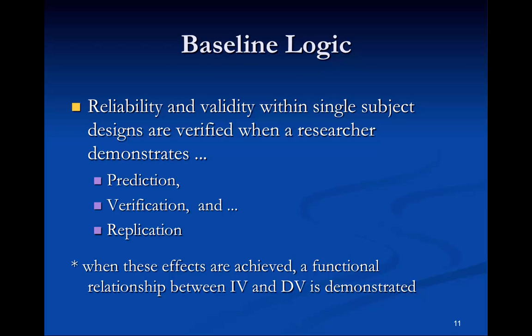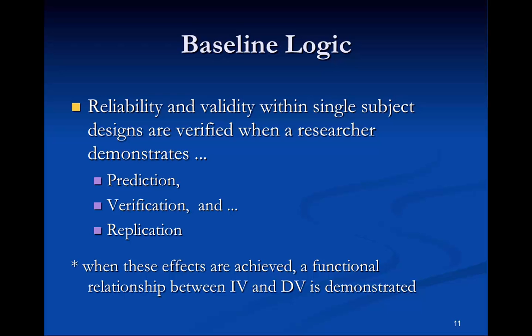So let's talk a little bit about the basic logic. Your book is really into talking about prediction, verification, and replication, and it certainly is important in the designs. The most important thing is, is there a functional relationship? But this also demonstrates prediction. As you recall, prediction is that if there's no difference, all three conditions would look the same.